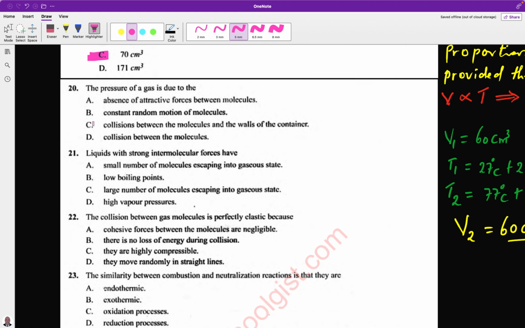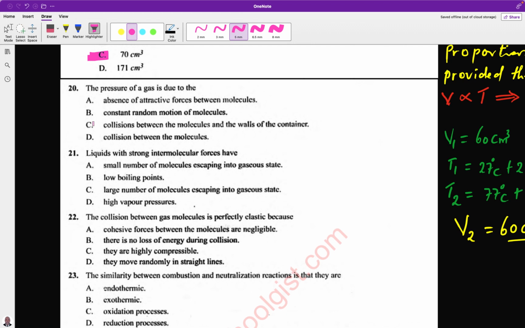Of course, let me say in a gaseous chemical reaction, when we increase the temperature, you will see that the particles will acquire kinetic energy, energy equal to or above the activation energy, and that is going to make more of the particles collide among themselves and on the walls of the container, thereby increasing the pressure.